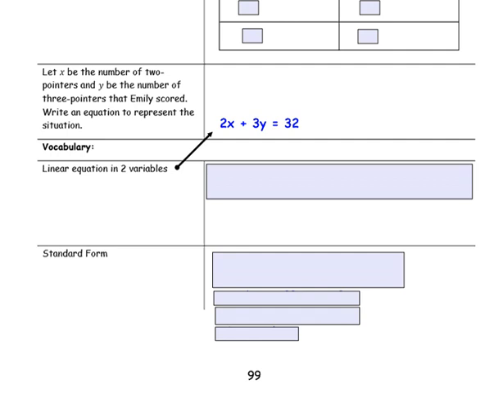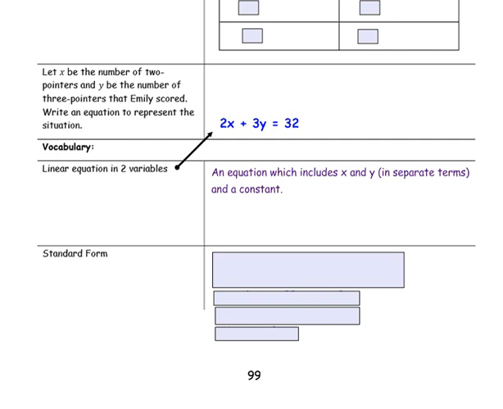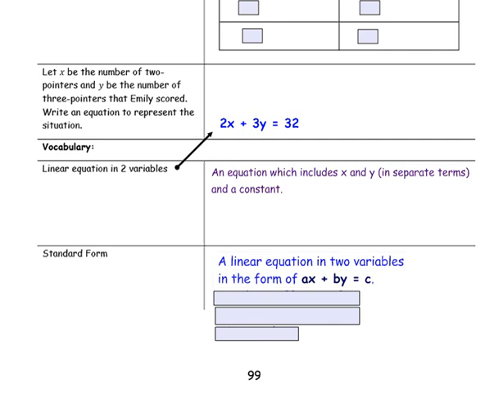It has two variables. The definition: an equation which includes x and y in separate terms and a constant. Standard form has to do with the order that these terms are in. A linear equation in two variables in the form of ax plus by equals c is in standard form.